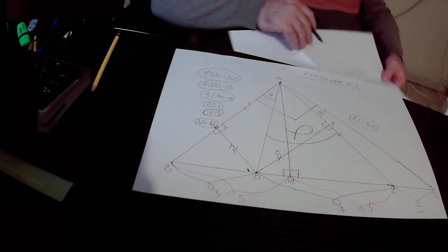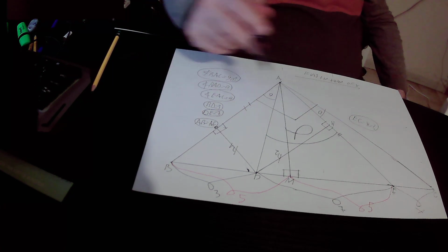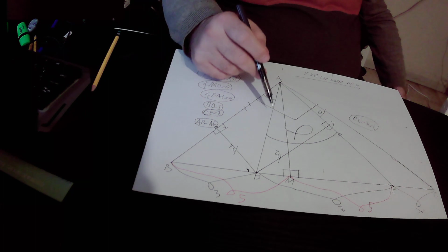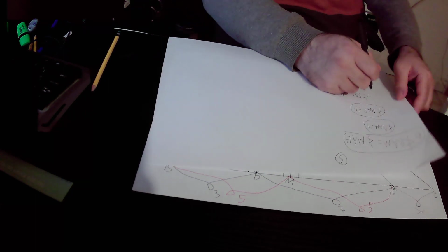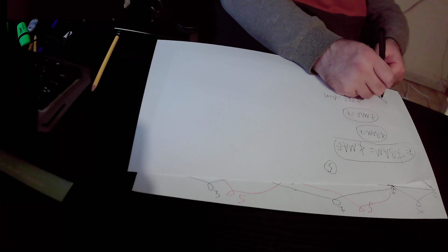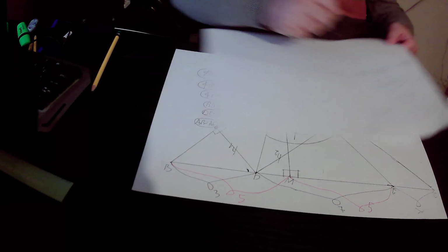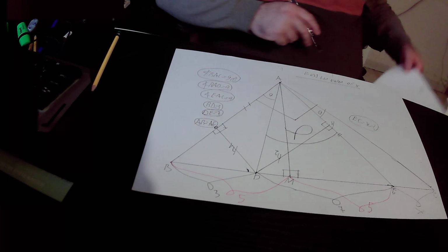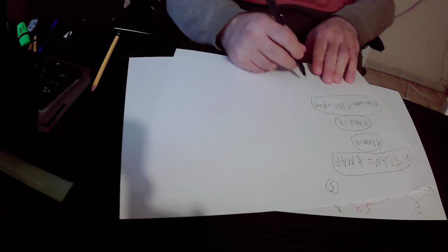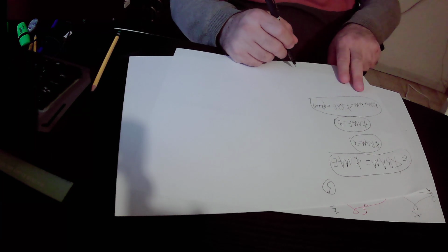But from the other side, angle BAE is equal to angle BAM plus angle MAE. So we found out that from one side angle BAE equals theta plus alpha, and from the other side angle BAE equals angle BAM plus angle MAE.